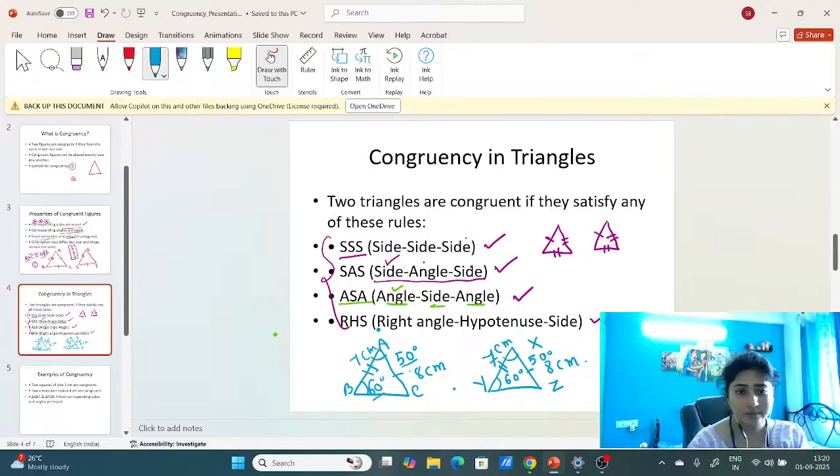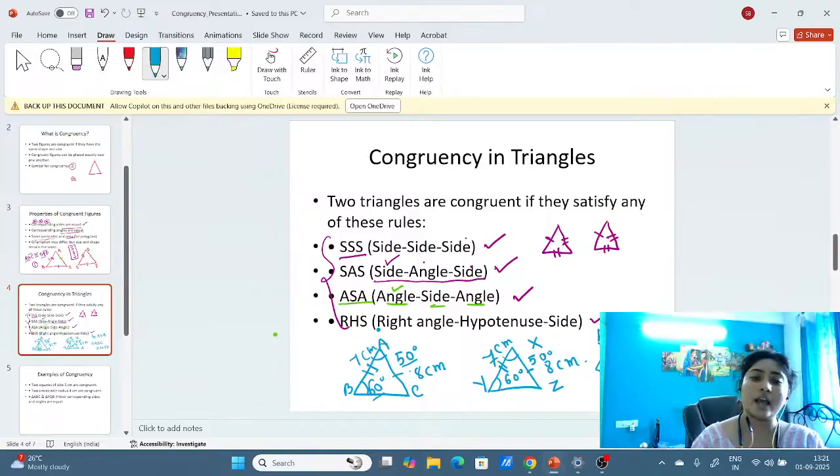You can observe that angle X is equal to angle A, angle B is equal to angle Y, and side XY is equal to side AB. So by ASA, we can say triangle ABC is congruent to triangle XYZ. Correct?